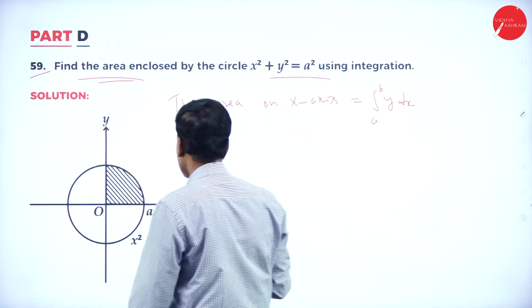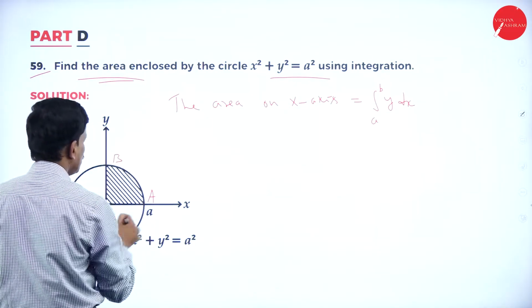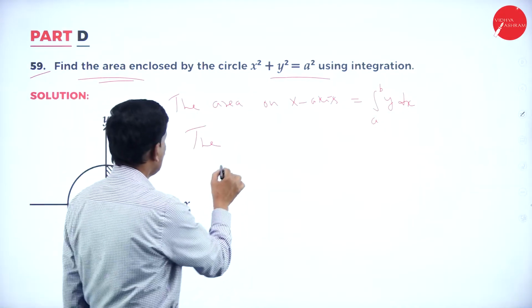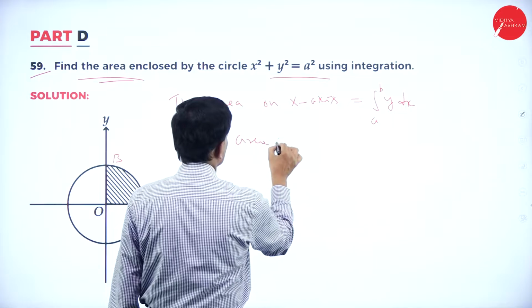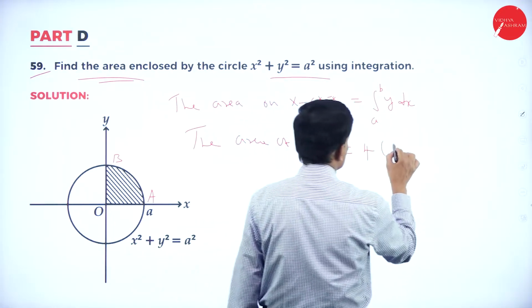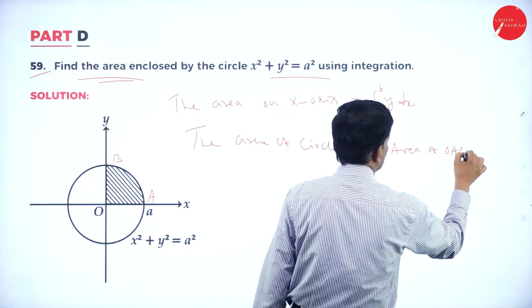Let us consider this O, A and B. The area of the circle is equal to 4 times the area of sector OAB.